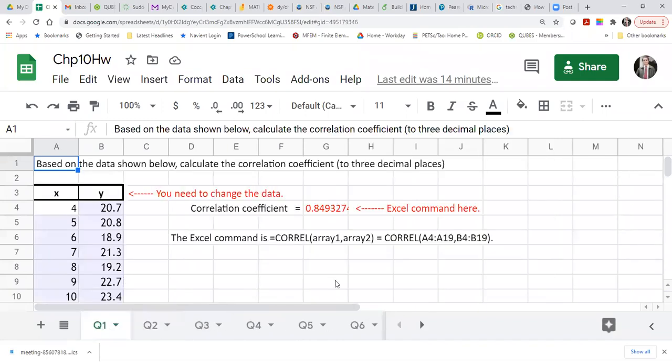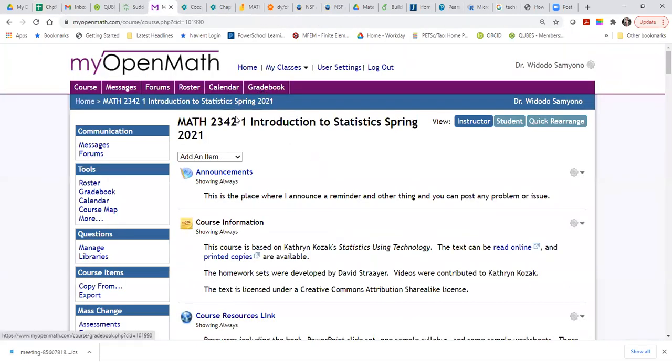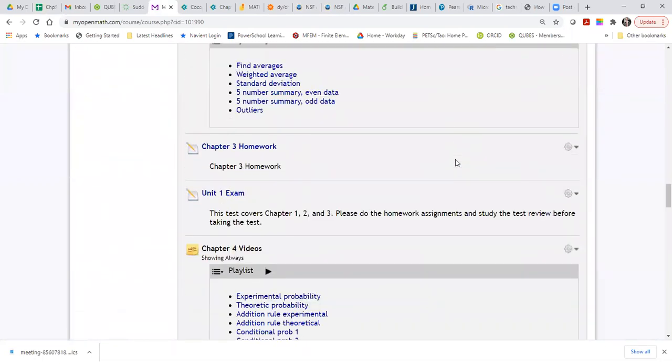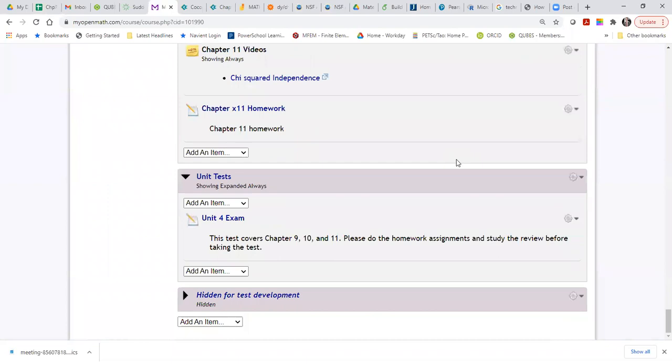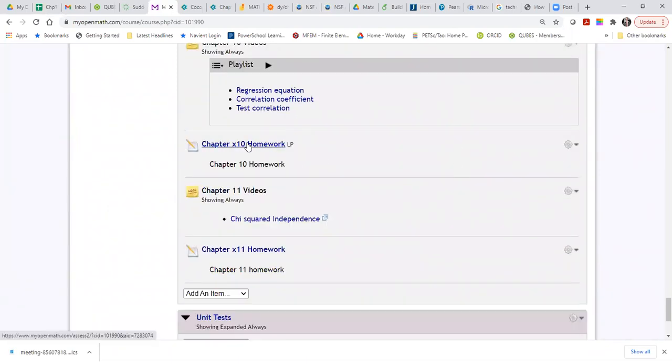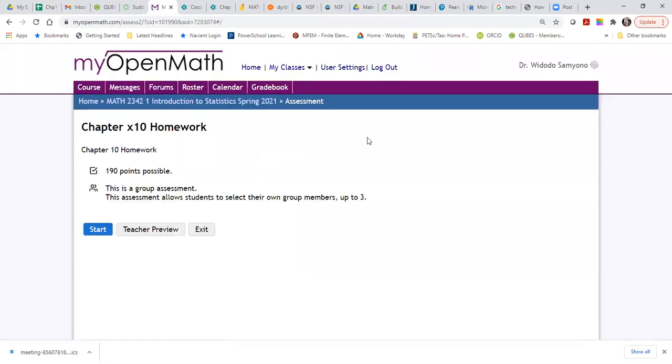I will put X here so that the chapter is on the right side, not at the beginning between, like, chapter 1 and chapter 2. Okay, so that it does not confuse you. You have to do it in order. You have to start from chapter 1 and then chapter 2 up to chapter 9, and then chapter 10 and chapter 11.